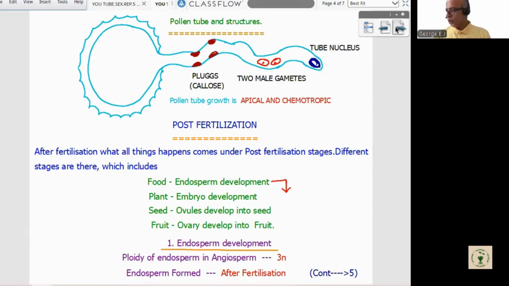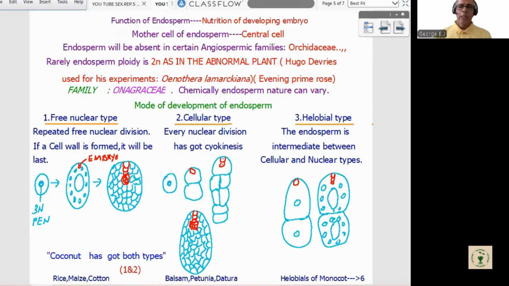Now, functions of endosperm. Just like the tapetum we discussed in the anther, it is nutrition of the developing embryo. The mother cell of the endosperm is nothing but the central cell that we have done in the embryo sac. In certain angiospermic families, endosperm will be absent. A typical example is Orchidaceae, belonging to monocots.